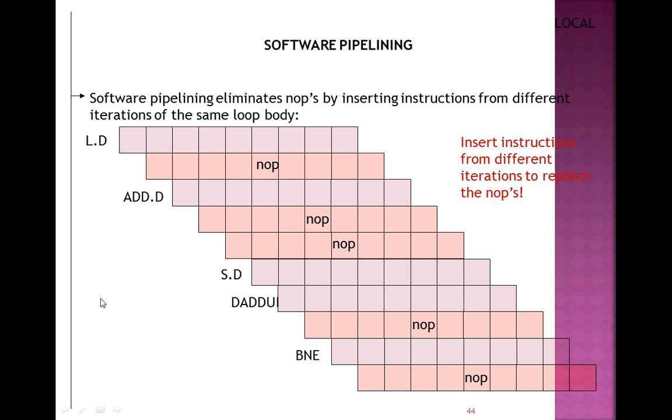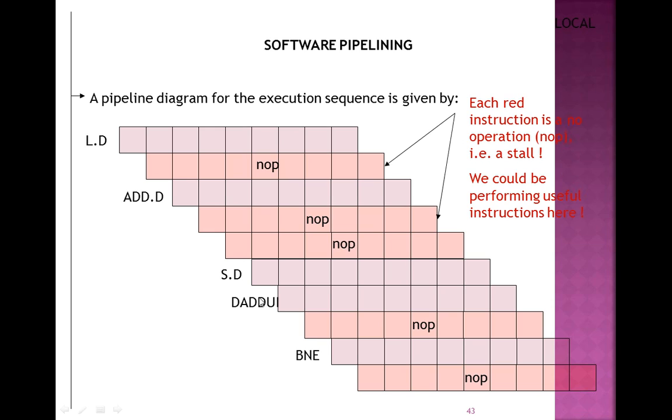This is the pipelining diagram for the execution sequence. Each red mark is a NOP, that is no operation, a stall.